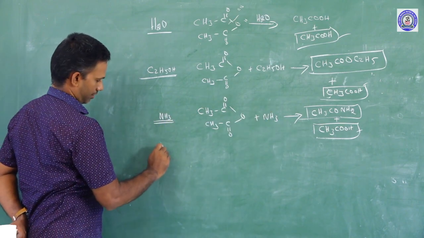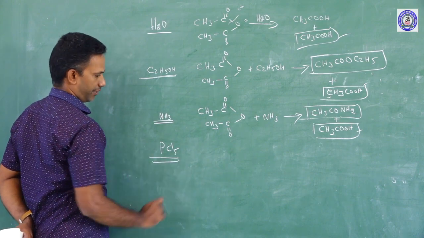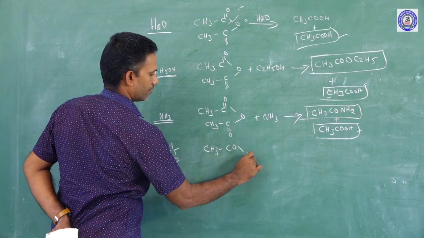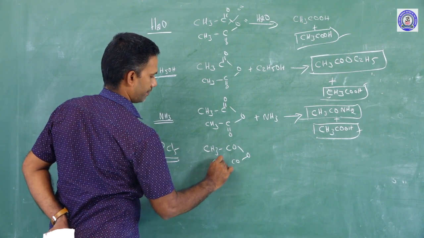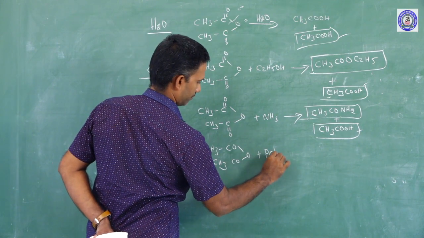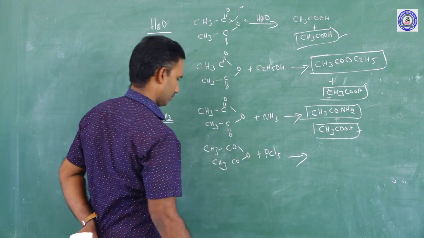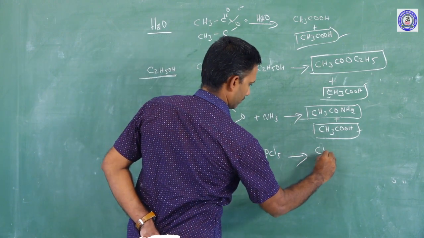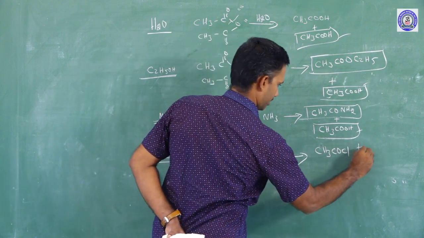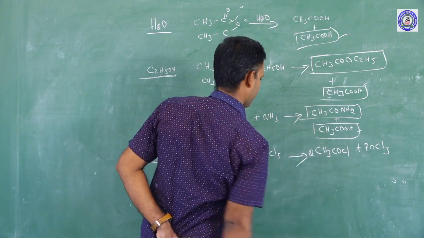One more reaction for acid anhydride is treating with PCl5. CH3 COCl plus POCl3 twice.